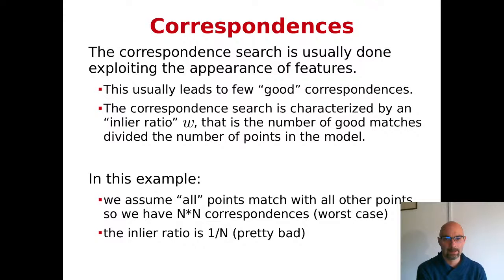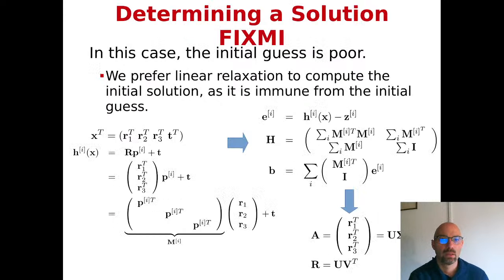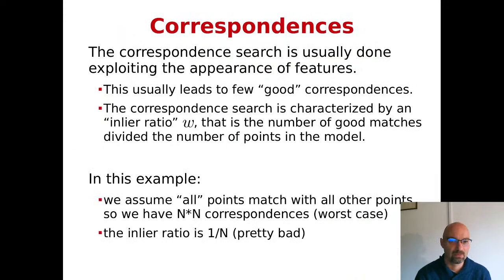In the example that we will do now, we assume these numbers. We assume the worst possible situation, that we have n times n correspondences and we have 1 over n as inlier ratio. This is the case of our ICP, which is also the easiest possible solution, because it doesn't require in our point registration system to have any specific technique.